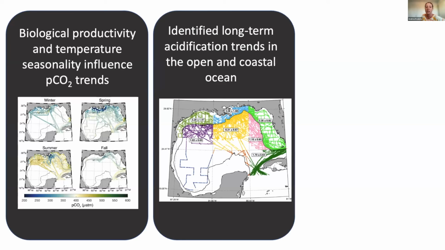We've identified significant long-term open ocean and coastal ocean trends, and we find that the coastal ocean is acidifying approximately 3 times faster than the open ocean, with the exception of these central regions. And we're not quite sure why these long-term OA trends within the central regions are masked.